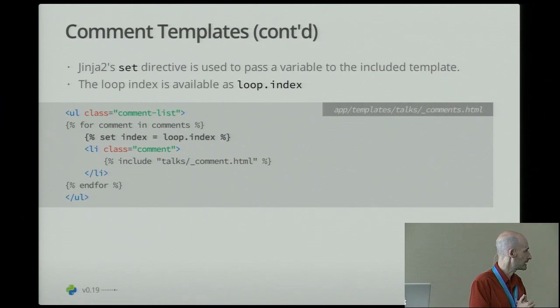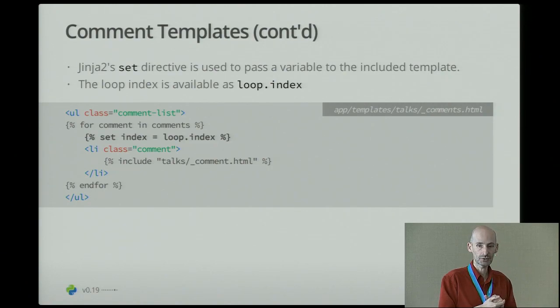So this is my comment list. It's, again, kind of similar to showing a list of talks. I have an ordered list, and then for each item in the comments list, I call another sub-template. One addition I have in this one is for each comment, I wanted to show the comment number.